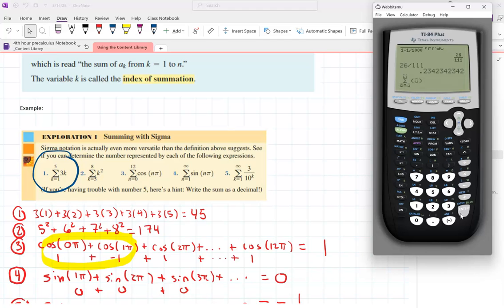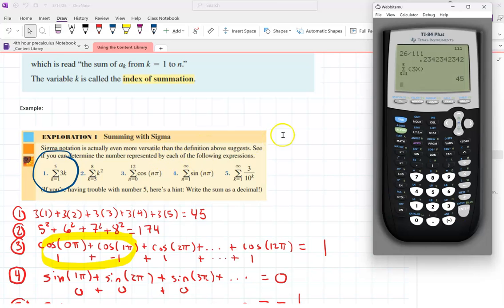All I have to do is make it look like it looks on the sheet of paper, except instead of using k's here, I'm going to use the variable on my calculator, which is x. Otherwise, I'm just copying this in the exact same way, and then press enter. There's my 45.